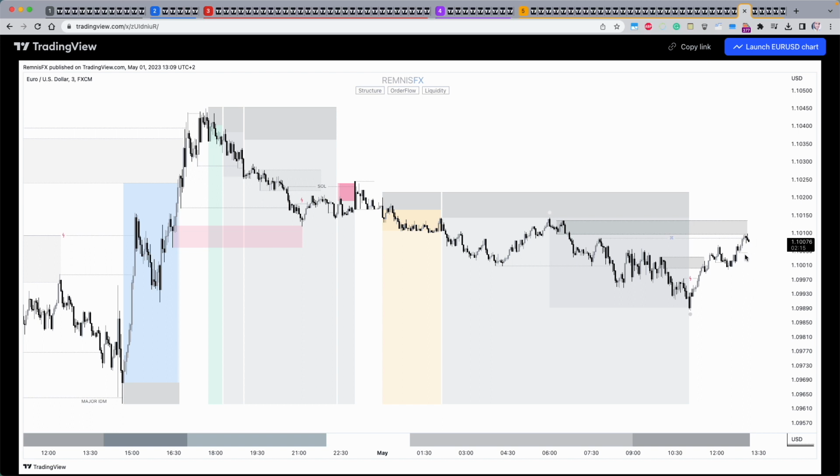I was waiting for a structure-wise valid pullback here for this to happen, right? And then I can perhaps utilize again this whole area where price then does something like this, right?